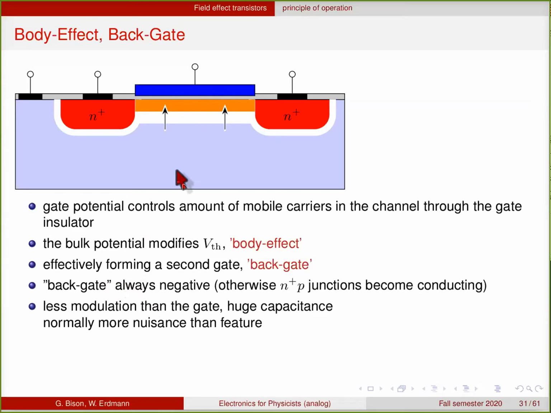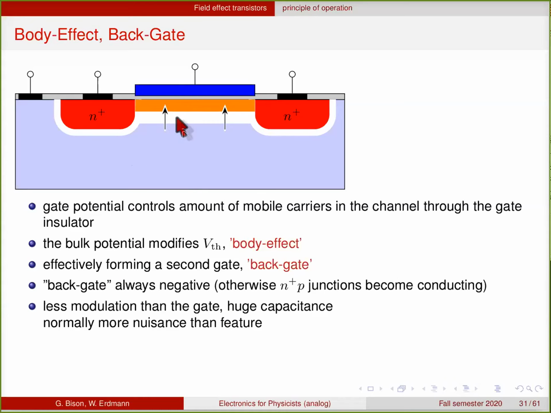The potential here must always be negative with respect to the channel, otherwise these become conducting, as we said before. And the modulation here, so how much it affects the charge in the channel, is much smaller than from the gate. So here you have this extra thin insulator to make the capacitance larger, to make the modulation large.